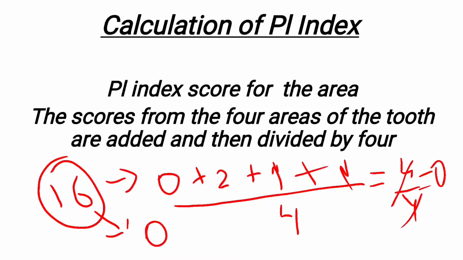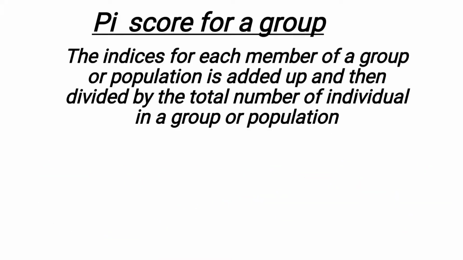Okay, now how are we going to calculate the plaque index score for a group? We are going to look at the plaque, suppose we are going to examine 4 teeth.